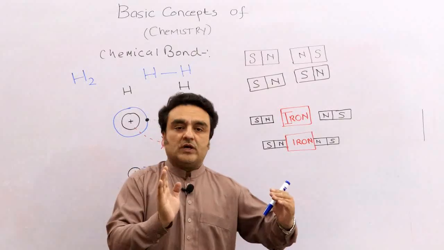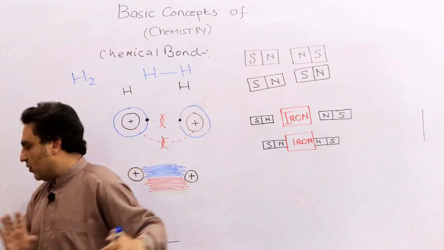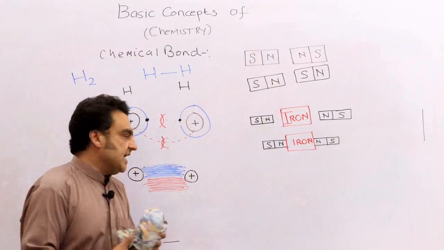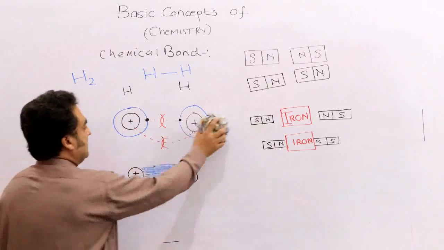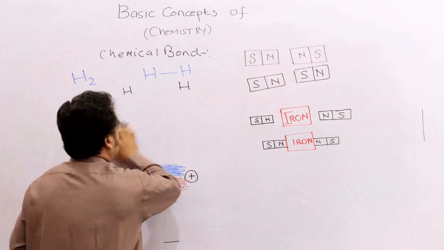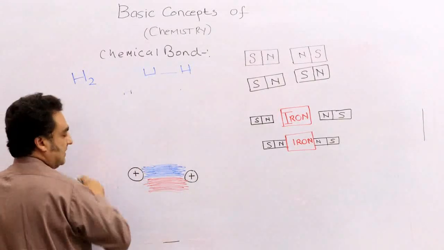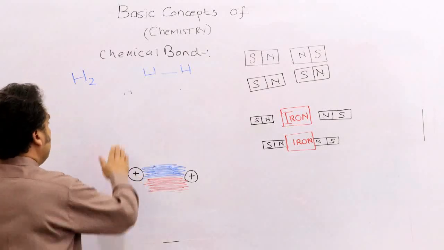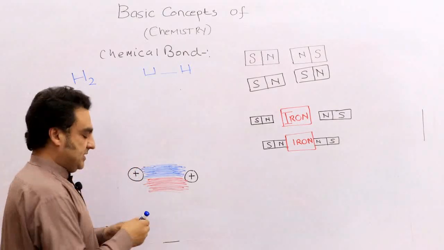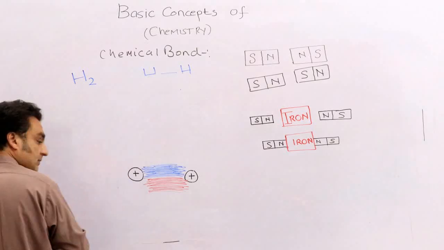So that's how the hydrogen bonding, the bond between two hydrogen atoms, is formed, or a hydrogen molecule is produced. Okay, so now let's move to some other thing. This thing in another way. What actually happens?